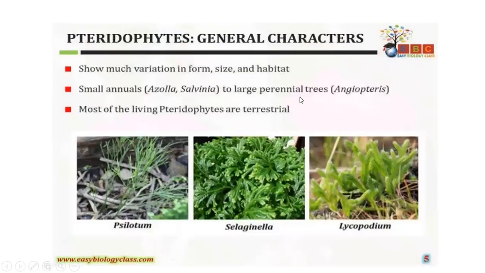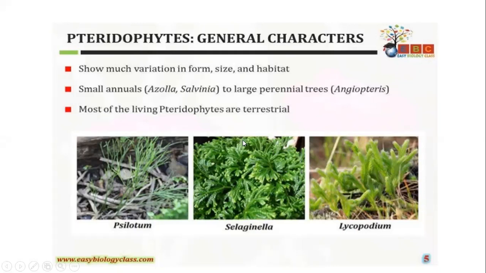Now, the shape, size, and habitat of these sporophytes vary from one plant to another. In the pteridophytes, there are some small annual plants like Azolla and Salvinia, and larger plants like Angiopteris and Marsilea, which come under the larger trees.